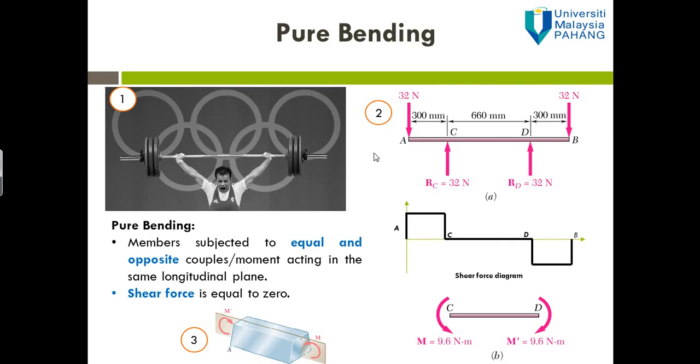Okay, so let's start with the definition of pure bending. So what is pure bending? By definition, when a member is subjected to equal and opposite couples or moments acting in the same longitudinal plane with the absence of shear force, meaning that the shear force is equal to 0, so the member is only subjected to couples or moment, then the member is said to be under pure bending.